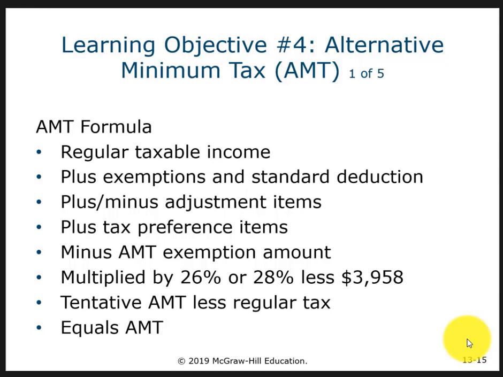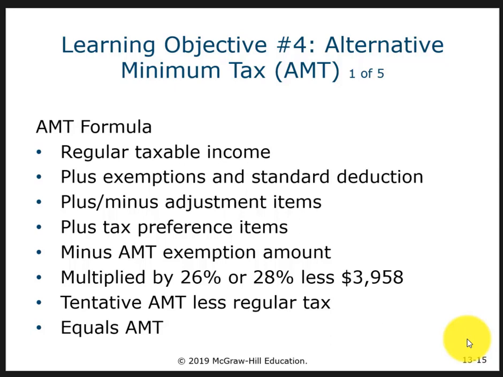So how do you go through this process, this separate calculation, if you will? Well, you start with regular taxable income, and you see the formula on the slide. Then you don't count standard deduction or any exemptions from past years. Then there are some adjustment items, some tax preference items.